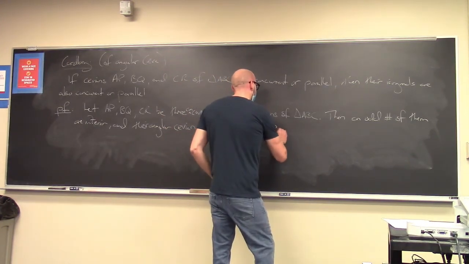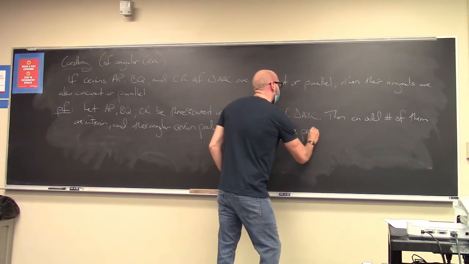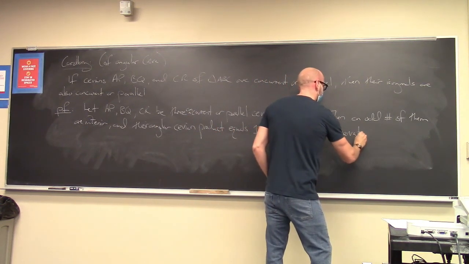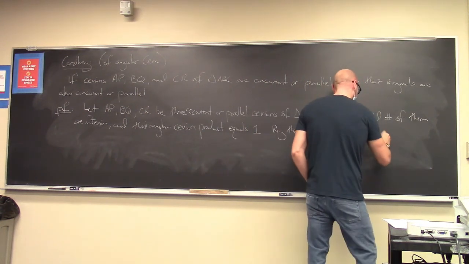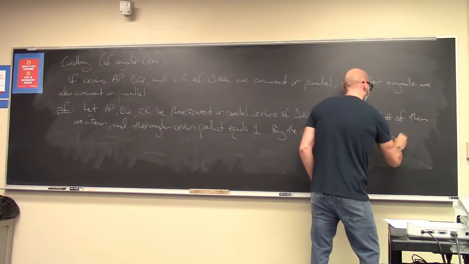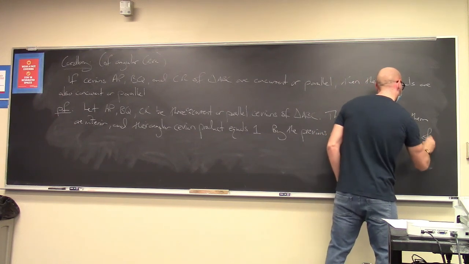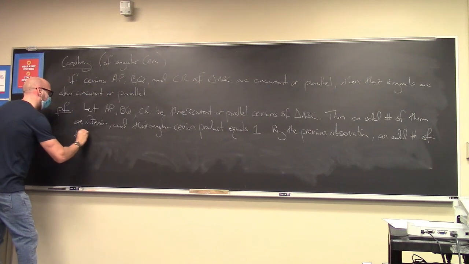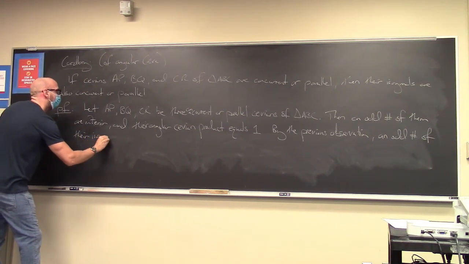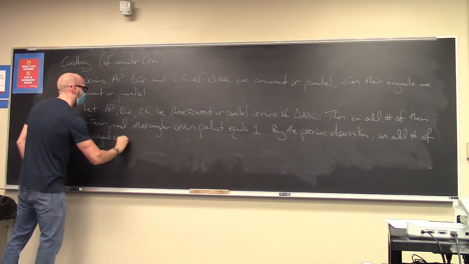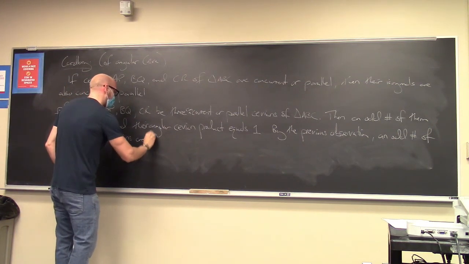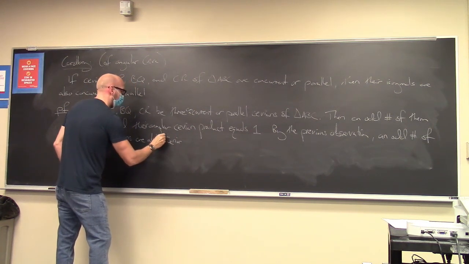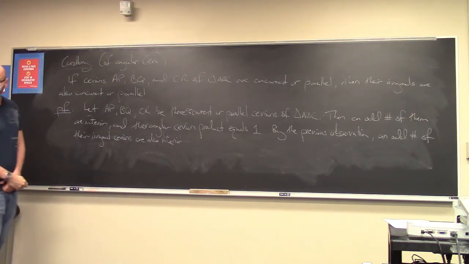So by the previous observation, an odd number of their isogonal Chevians are also interior, because you can't change from being interior to exterior.